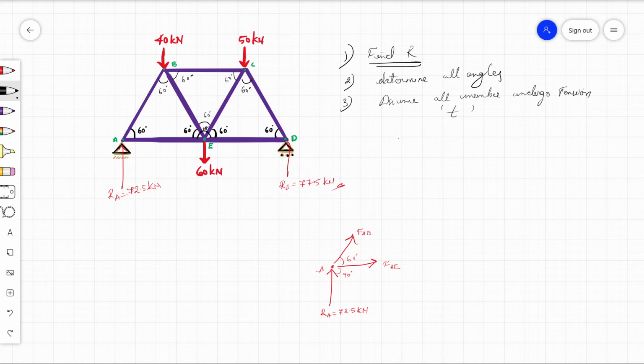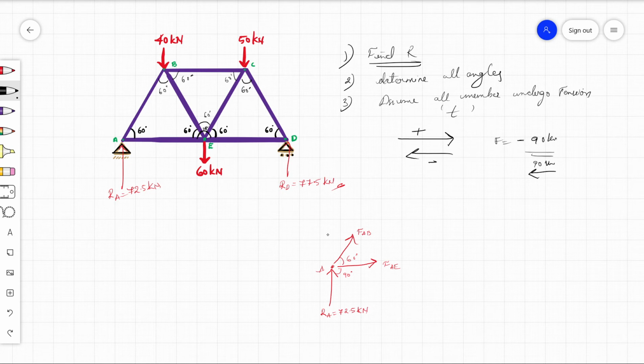That means we are used to assuming if the force goes in this direction as positive, and the force going in this direction as negative. But if our answer F comes as some negative value, negative 90 kilonewton, then we have to think that this is 90 kilonewton with the force going in this direction, right? We are assuming all things as tension, but the moment it becomes compression, it becomes a negative value.